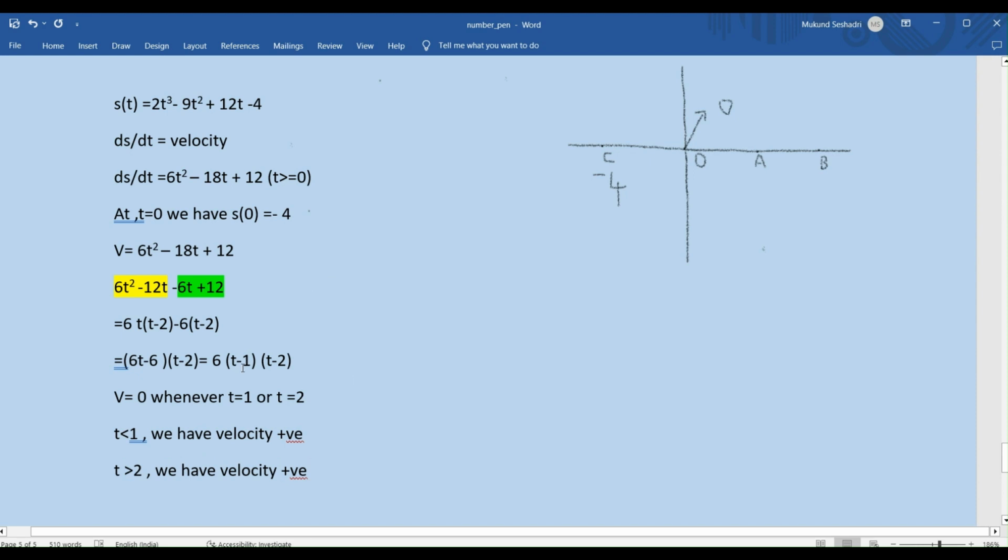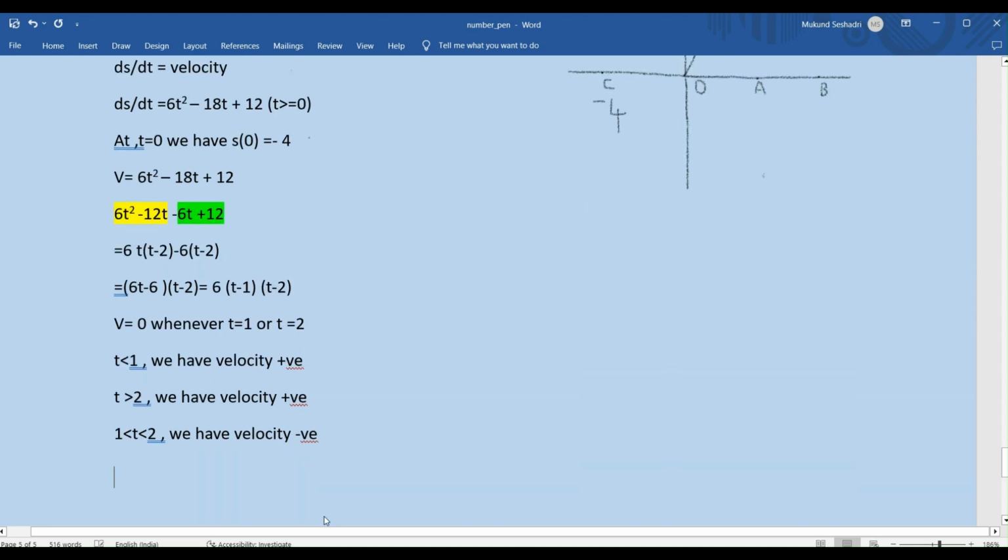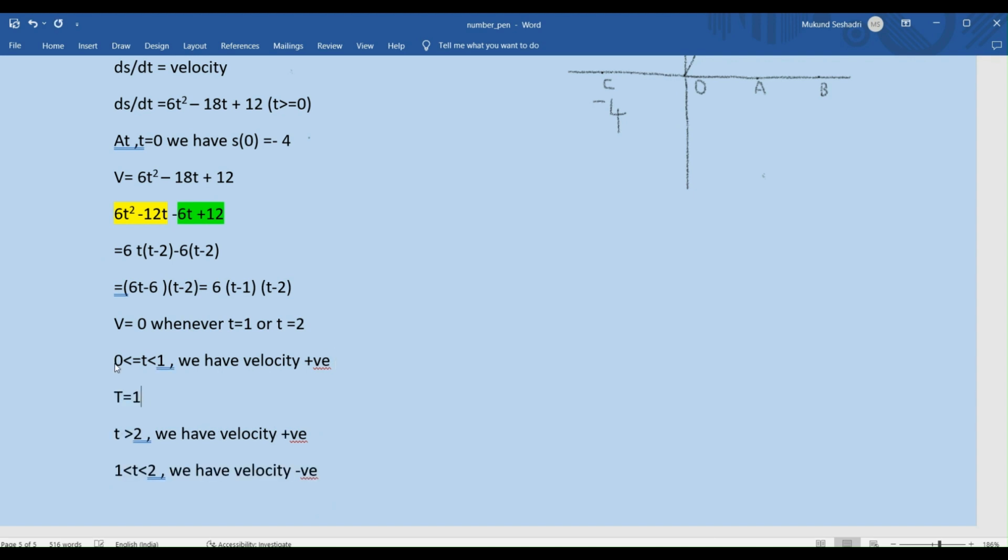When t is less than 1, t minus 1 and t minus 2 are both negative, so negative into negative is positive, so the velocity is positive. And when we are between 1 and 2, which is the next condition, 1 less than t less than 2, we have the velocity negative. And t is always greater than or equal to 0. So let's rewrite this first condition out here: 0 less than or equal to t less than 1, and at t equals 1, the velocity is 0.